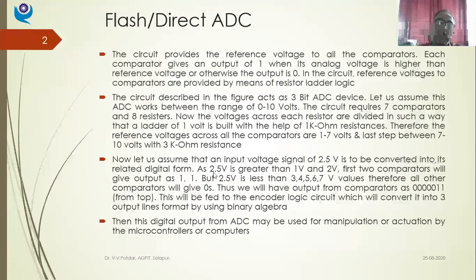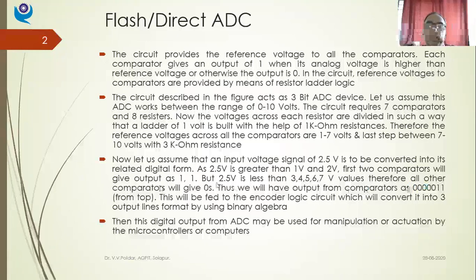As 2.5 volt is greater than 1 volt and 2 volt, the first 2 comparators will give output as 1, 1. But 2.5 volt is less than the 3, 4, 5, 6, 7, and 10 volt values. Therefore, all other comparators will give 0. Thus, we will have output from comparators as 0.